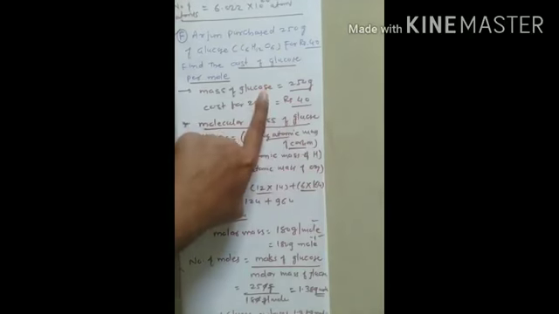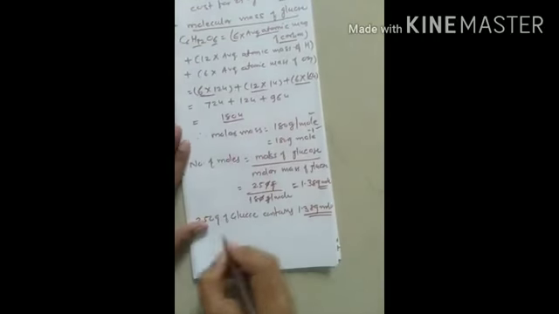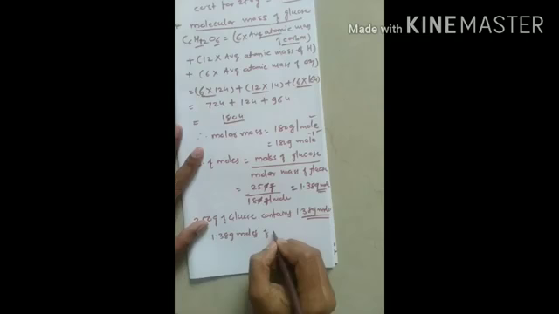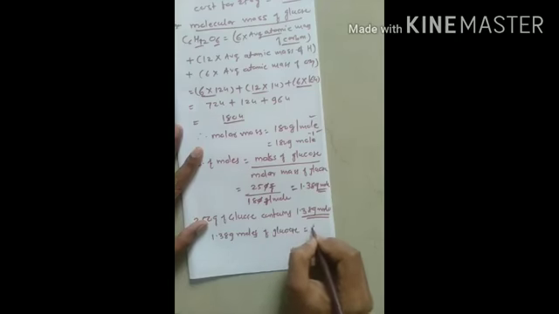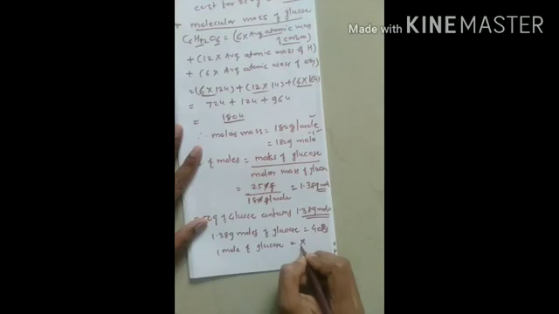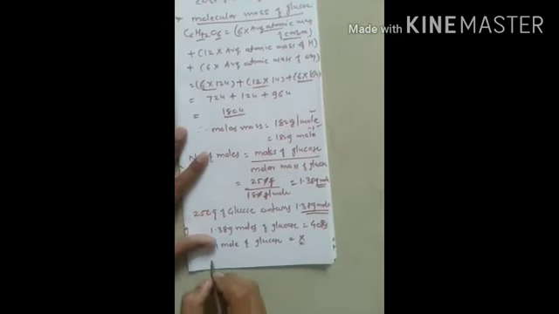So for 1.389 moles, the price of glucose is 40 rupees. Then for 1 mole of glucose, how much is the price? Let us consider this as x. It is a simple unitary method. Therefore I can write x equals 1 into 40 divided by 1.389, isn't it?